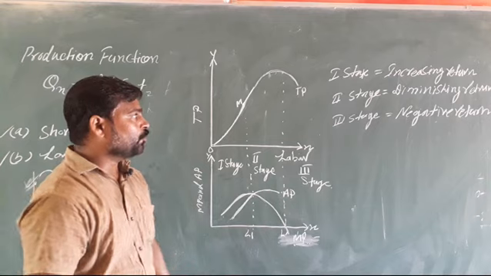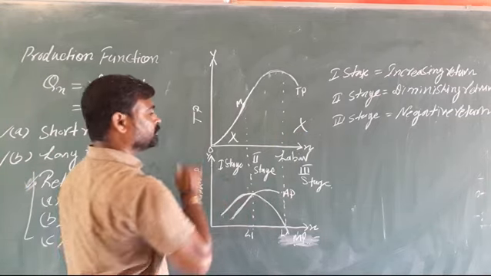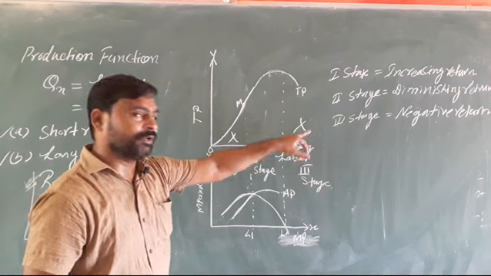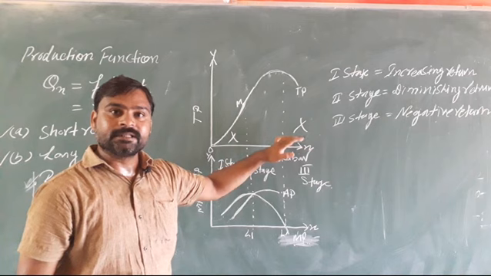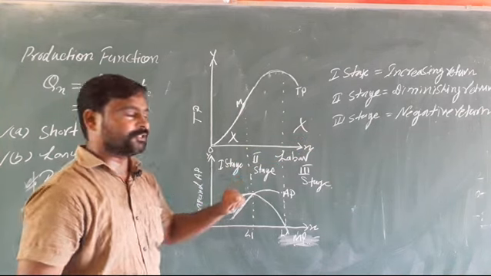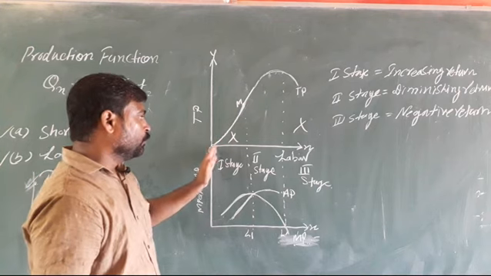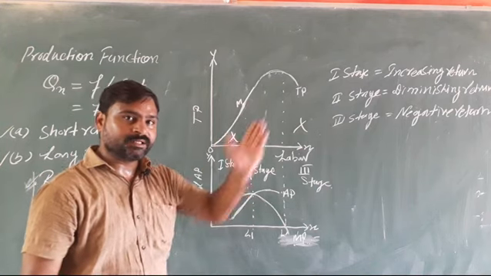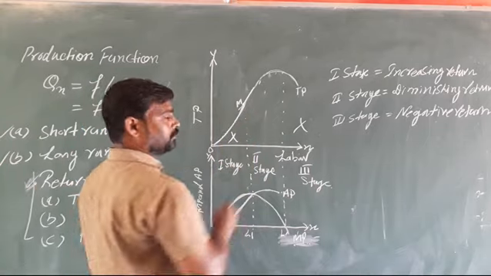So now we have come to a conclusion. A rational producer would not produce in the third stage, neither in the first stage. When he is in the third stage, he will decrease the labor to increase productivity and shift into the second stage. In the first stage, he will increase the labor, the variable factor of production, to increase productivity and shift into the second stage.